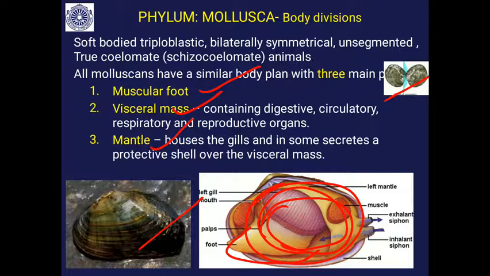So these are the three basic parts you will find in all mollusca: muscular foot, visceral mass, and the mantle. The mantle secretes the outer shell. More about these, let us study.